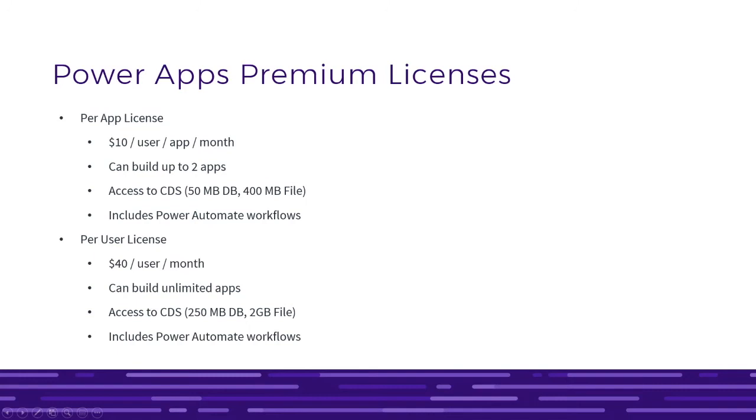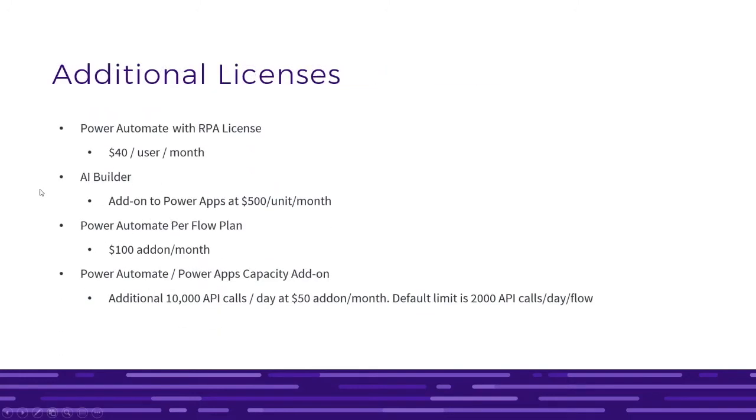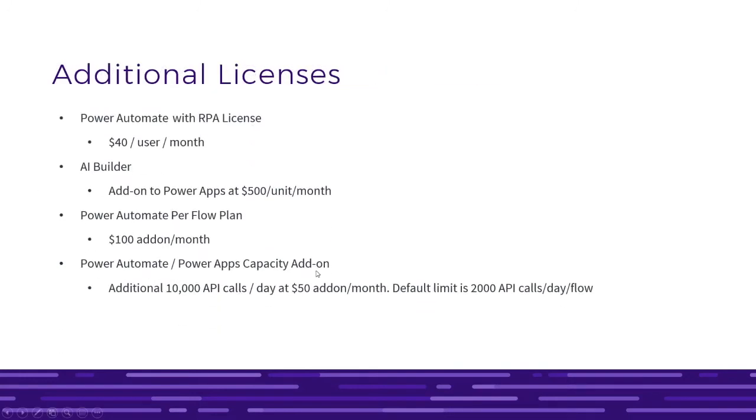There are also additional licenses which can be obtained. This is where you can get a little more creative with your licensing model. There are advanced capabilities with the Power Automate platform, which is called RPA. One of the options is RPA, which is robotic process automation. And robotic process automation, you can think of it as any interaction that a user performs on a computer on a repeated basis, which can very easily be automated.